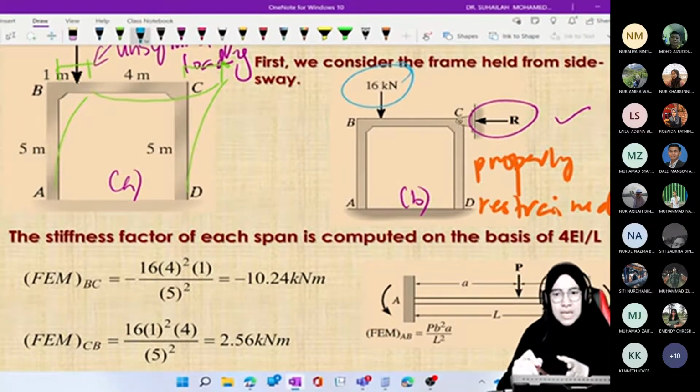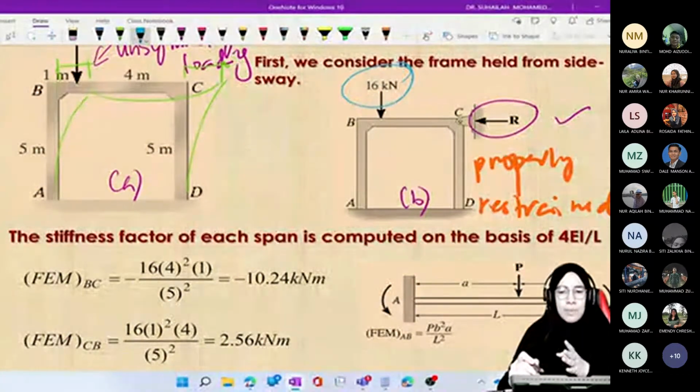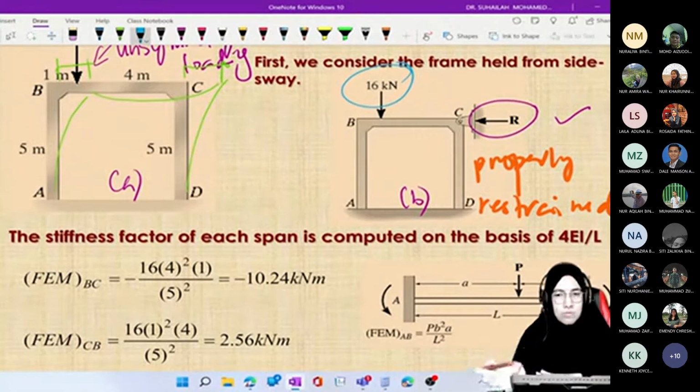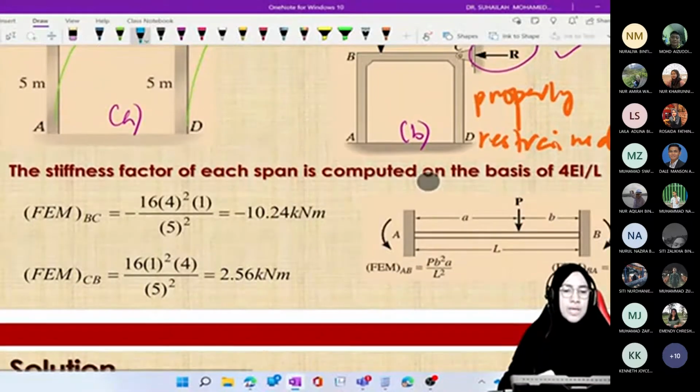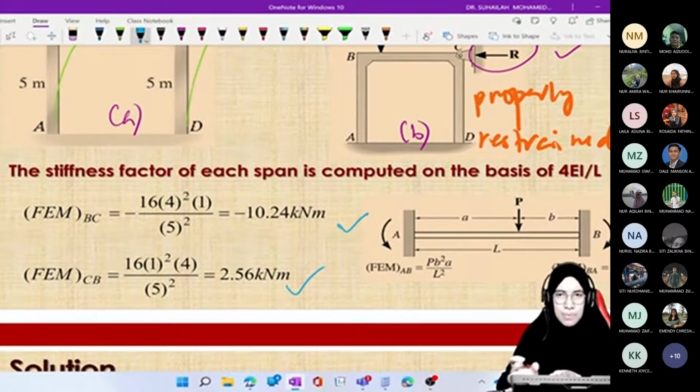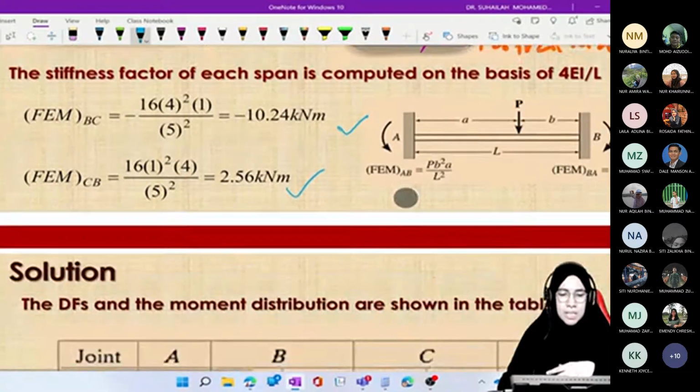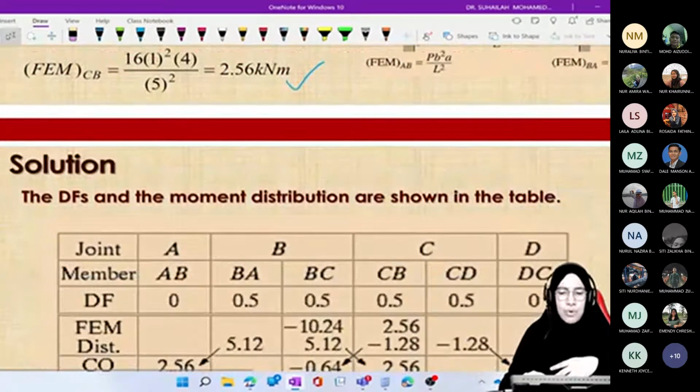It is 16 subjected, 1 meter from B, 4 meter from C. There is a formula to calculate FEM due to this loading. So we get like this: one negative, one positive as usual, because of the behavior of FEM due to external loading. Then we put it into the table.